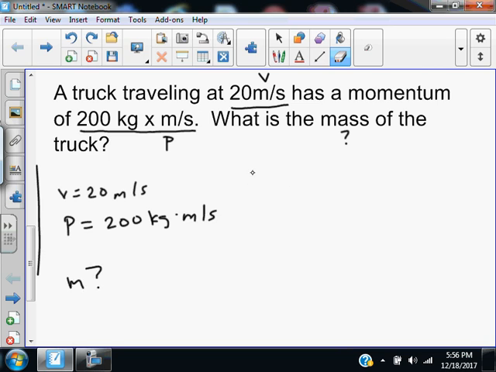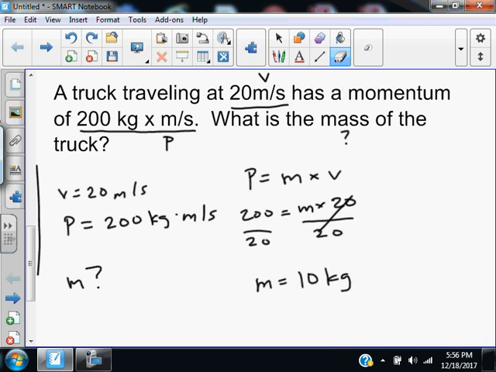Now if you look at the equation here, the equation that we have is momentum equals mass times velocity. And if we replace this with our values, so 200 for P, for momentum, and then for mass, we don't know that yet, we're trying to find it, and then the velocity is going to be 20 meters per second. Since we're multiplying by 20, we can divide by 20 on both sides, and 20 divided by 20 is 1, and you end up with mass is equal to 200 divided by 20, so the mass in this case is going to be 10 kilograms.